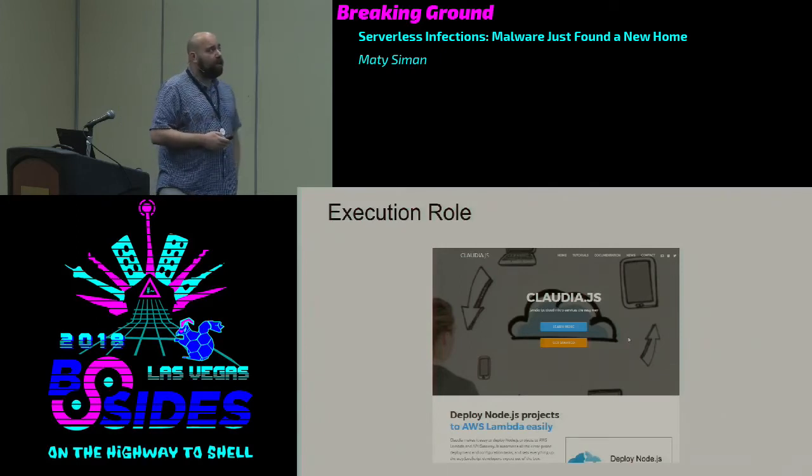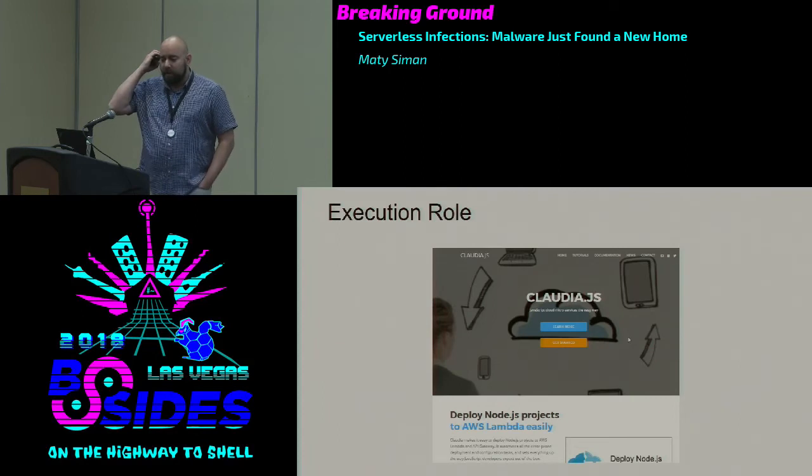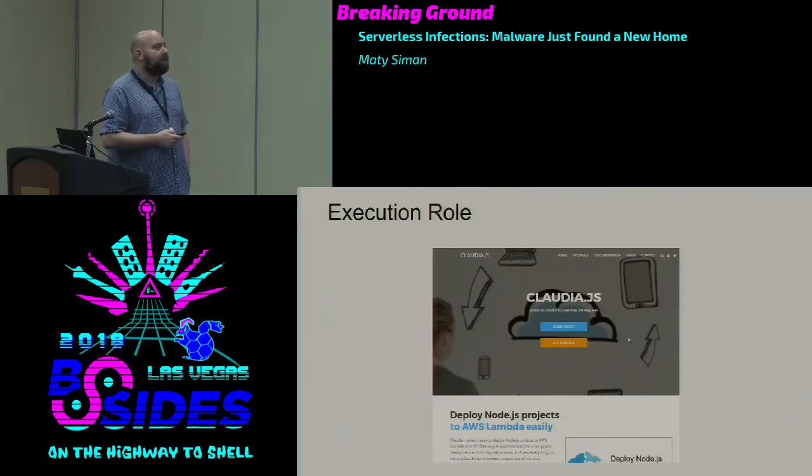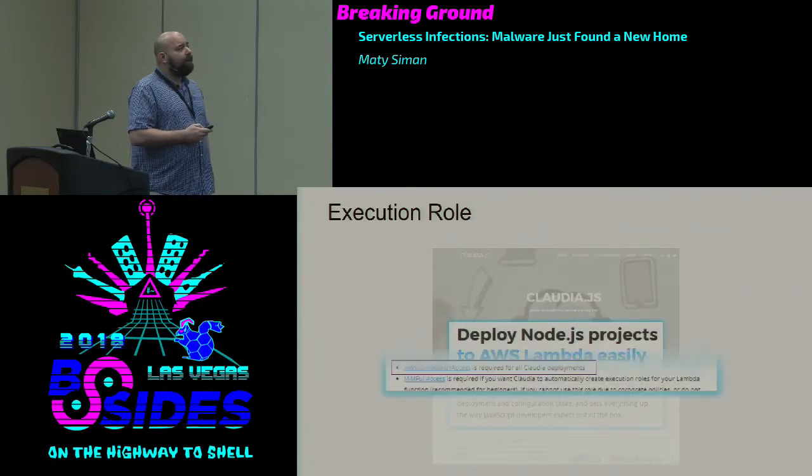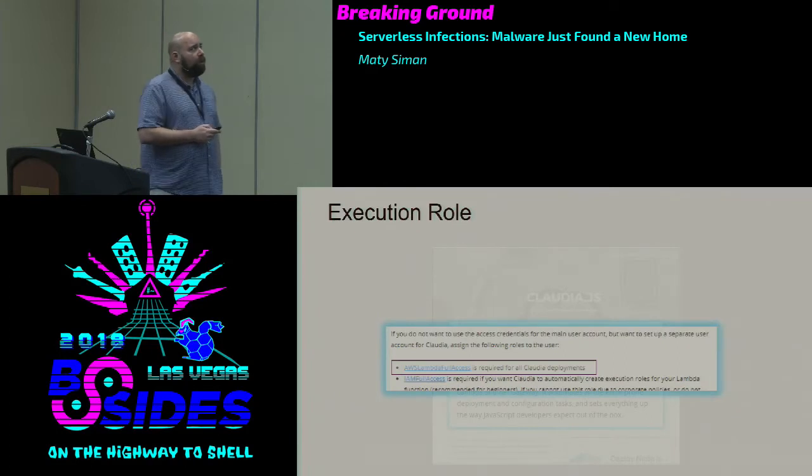We can look at Claudia.js. I actually didn't know it well before, but had a chance to play with it. It's really nice. It helps to deploy Node.js projects to Lambda pretty easily. And if you go to the documentation, you can see that Claudia asks you for full access.